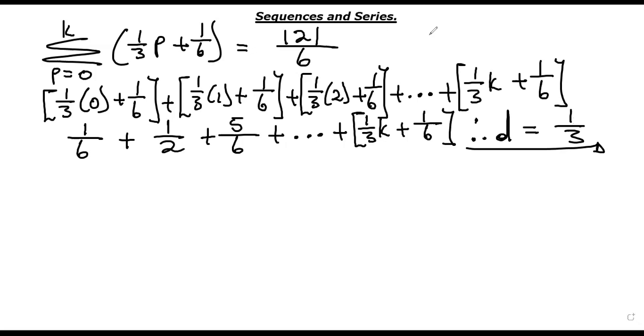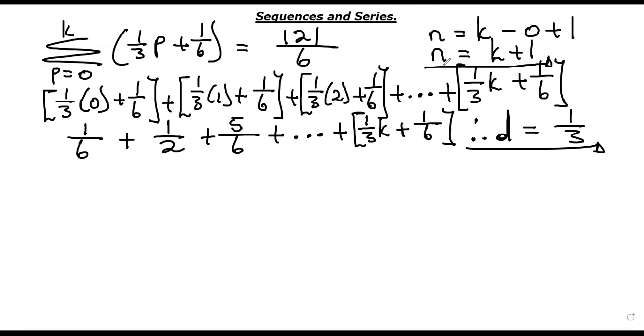So what about the number of terms? In sigma notation, we take the top value, then we say minus the bottom value, and then we say plus 1. So it means the number of terms is equal to k plus 1.